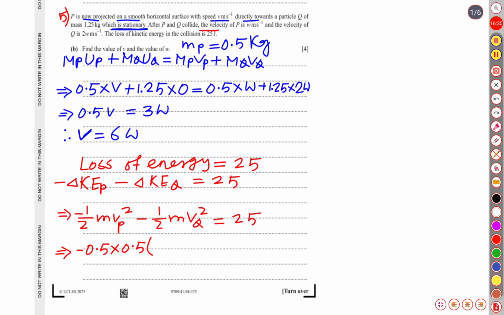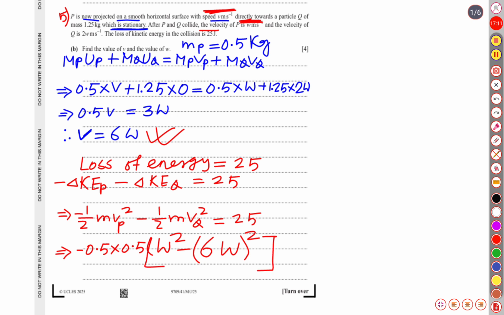So what was the final velocity of particle P? It is written that the final velocity was w, so it is w square. And the initial velocity before the collision was v meter per second, and v is 6w, so let us write 6w squared. So this is our first quantity.